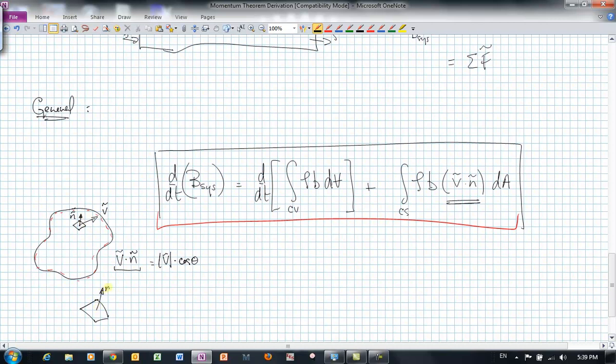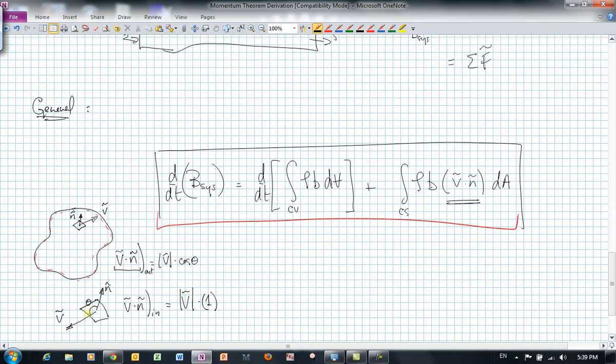However, if the velocity was going into the control volume, and I had something like that, if this was an inlet, then the angle between them is clearly more than 90 degrees. So in this particular case, when we have an inlet, this is for the case where we have an outlet, outflow, it's still going to be equal to the magnitude of V times the magnitude of n, which is 1.